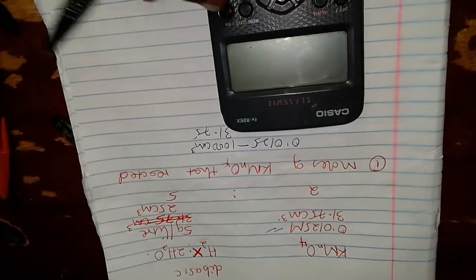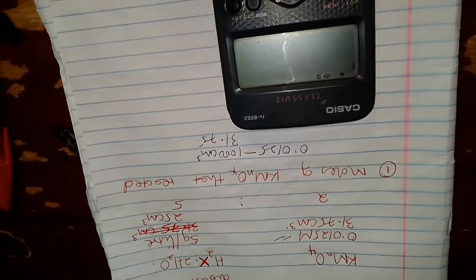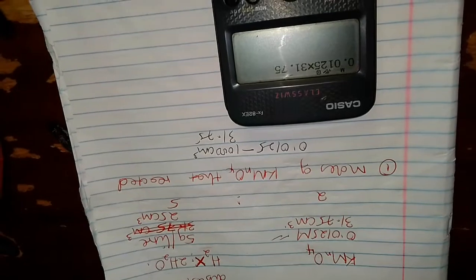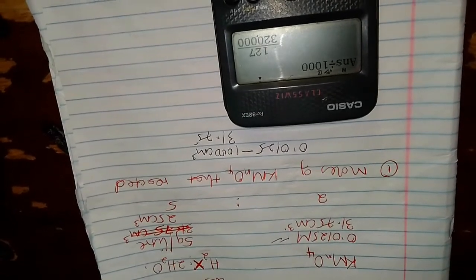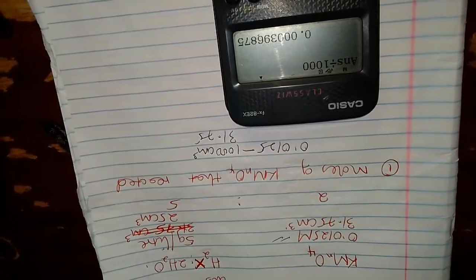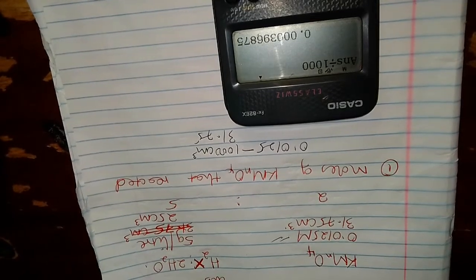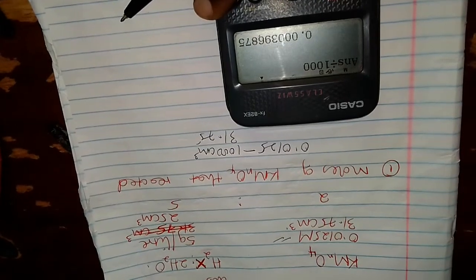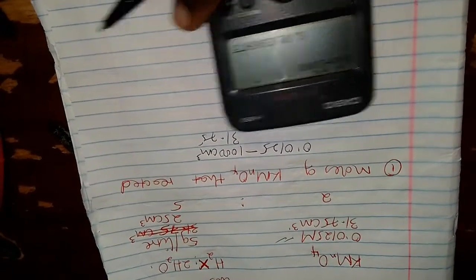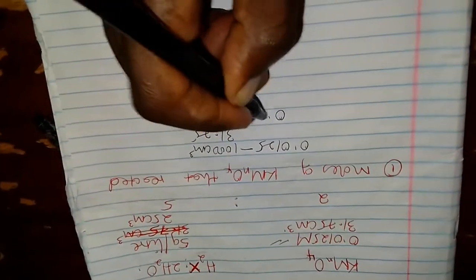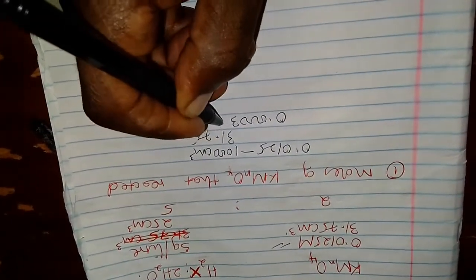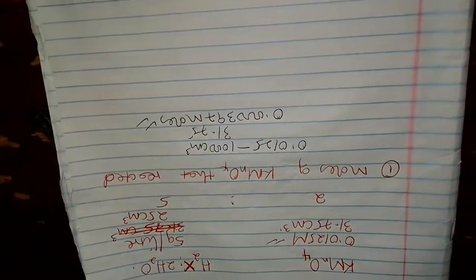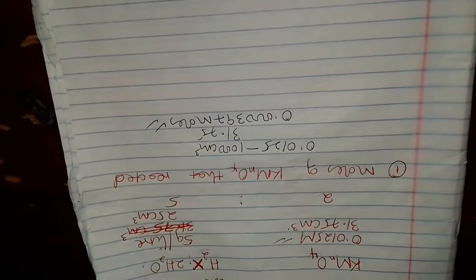So this will obviously be 0.0125 times 31.75 divided by 1,000. So it will be 0.000397. Good. For the purposes of accuracy, I can have all those decimal places. So I have 0.000397 moles. These are the moles of the oxidizing agent that reacted in that titration.